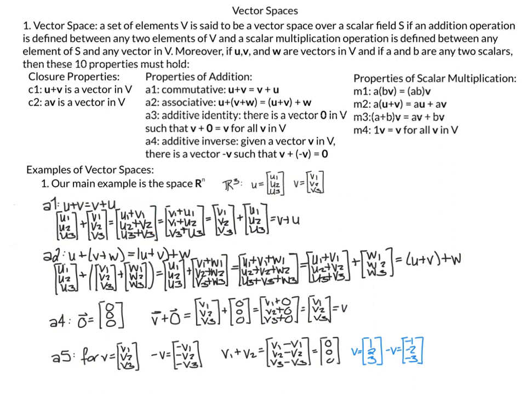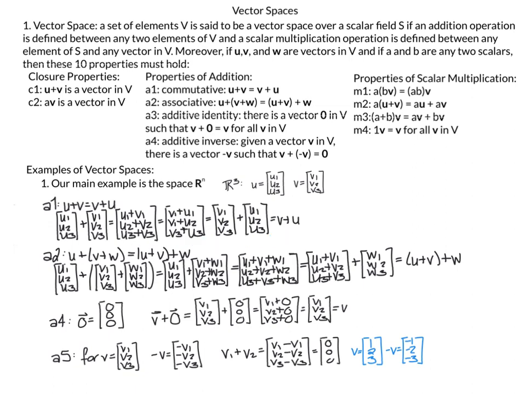Now U1 and V1, U2 and V2, and U3 and V3 are just real numbers, and addition of real numbers is commutative, so I can make this equal to V1 plus U1, V2 plus U2, V3 plus U3. This is exactly the definition of V1, V2, V3 plus U1, U2, U3, which is equal to V plus U.